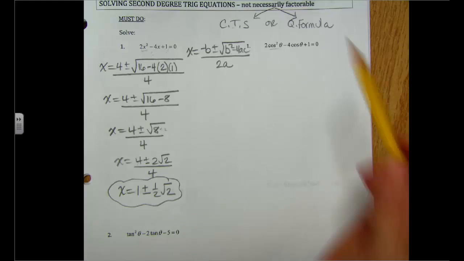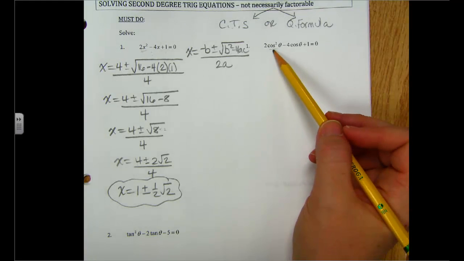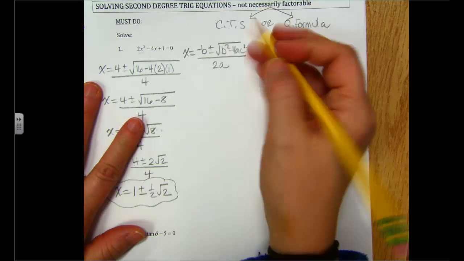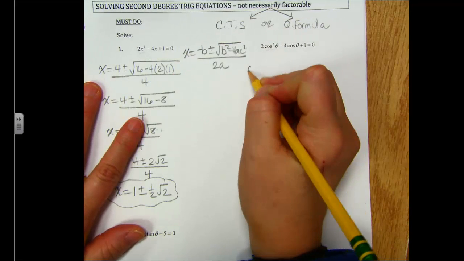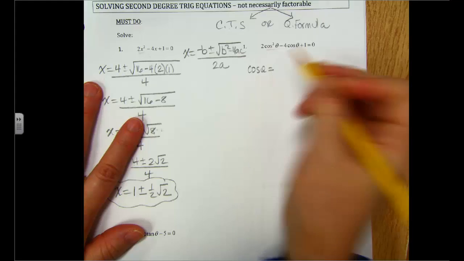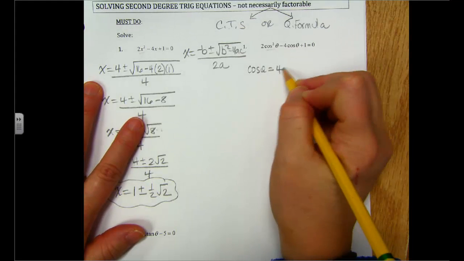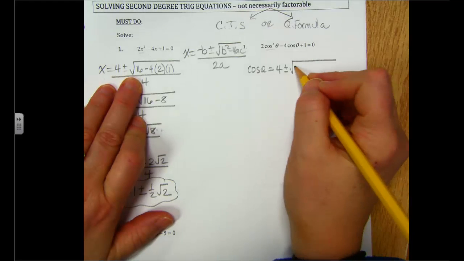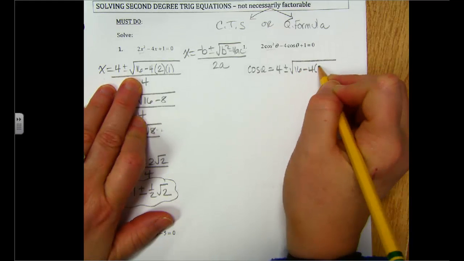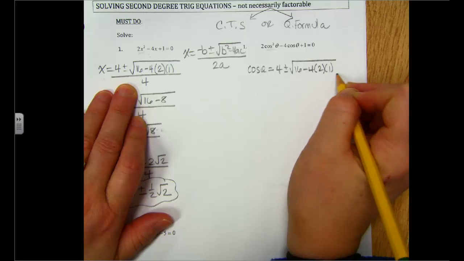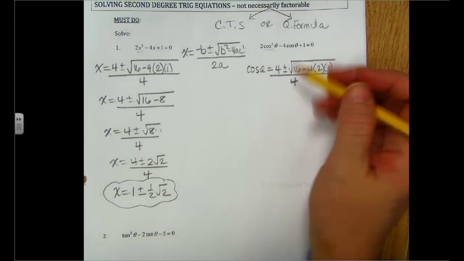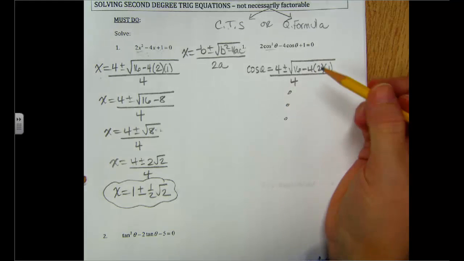Now, the same would happen when you solve with trig. And it's exactly the same, quite frankly, except instead of x equals, you have cosine theta equals. Okay, so I'll write the first step: negative b plus or minus the square root of b squared minus 4 times a times c all over 2a. But I'm not going to waste my time doing that again. You've already done that.